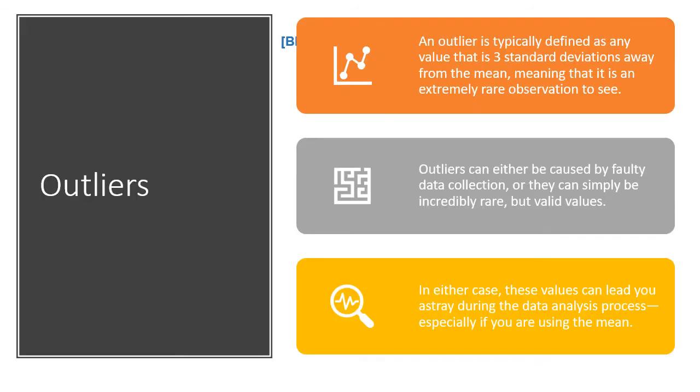What about outliers? Outliers are also one of the problems inside data sets. Basically, an outlier is defined as a value which is 3 standard deviations away from the mean, meaning that it is an extremely rare observation. Outliers can be caused by faulty data collection, or they can be incredibly rare but valid values.